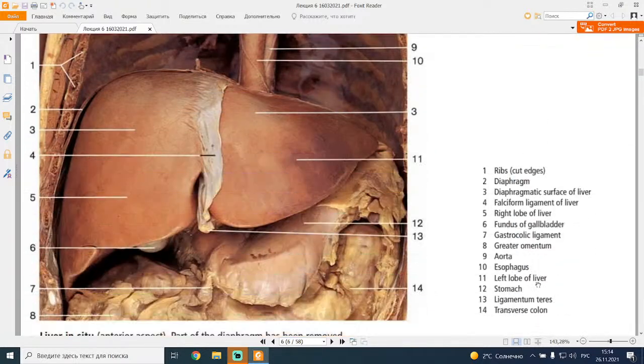You see a natural liver of a cadaver. This is hepar, the liver.